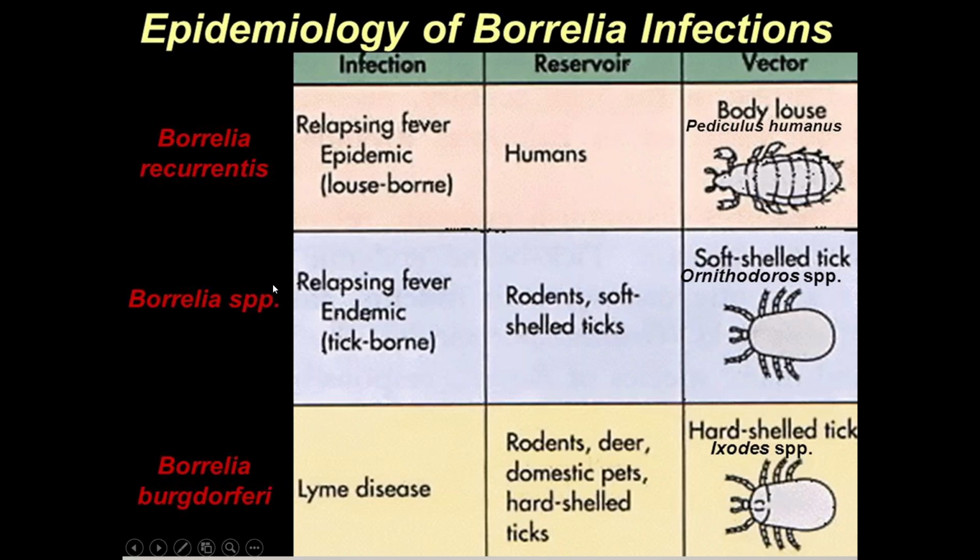Borrelia subspecies, for example Borrelia duttonii and other species, cause endemic relapsing fever or tick-borne relapsing fever, reservoir rodents, soft-shelled tick, and vectors Ornithodoros subspecies. And Borrelia burgdorferi is the causative agent of Lyme disease, reservoir rodents, deer, domestic pets, hard-shelled ticks, and vectors Ixodes tick, Ixodes subspecies.